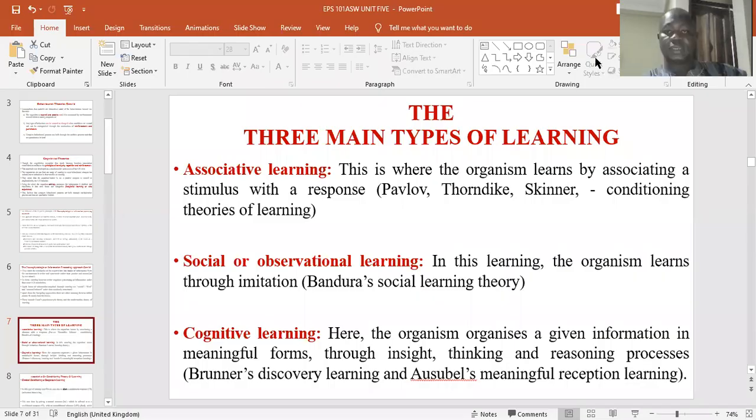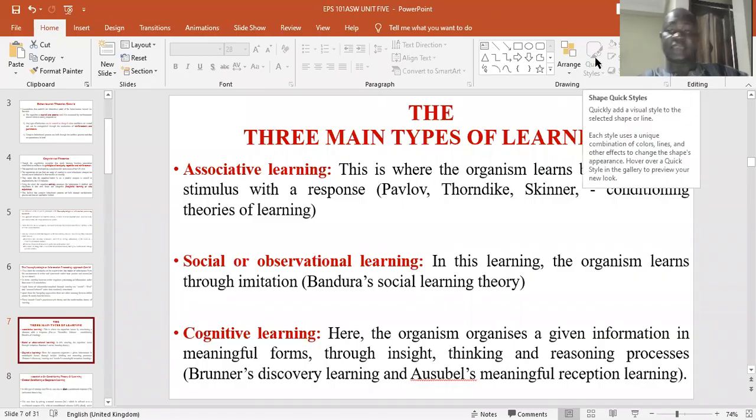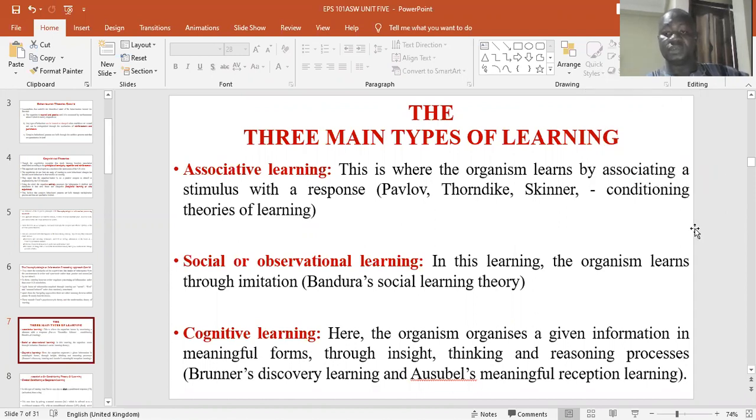So, as I was saying, aside from the bigger pictures that we have exposed ourselves to, under each of the bigger pictures, behaviorist, cognitivist, and information processing theories, we have sub-individuals or sub-theories that have done enormous work in terms of learning. So we are going to take ourselves through these individual theories and their contribution to the concept of learning.